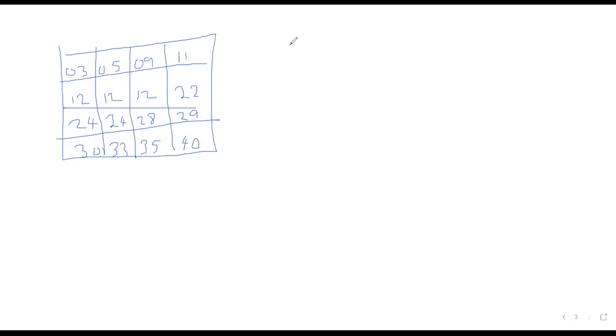A stem and leaf diagram is drawn as follows. The numbers that start with 0 are called the stem. We have numbers that start with 0, numbers that start with 1, numbers that start with 2, numbers that start with 3, and numbers that start with 4.